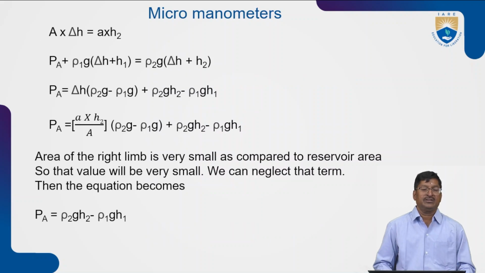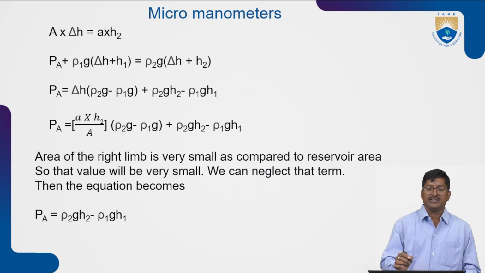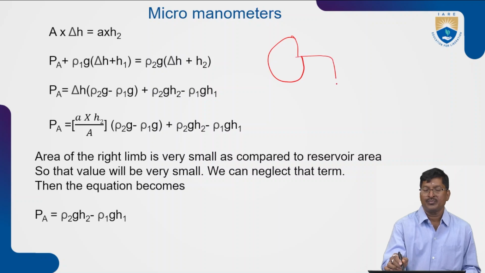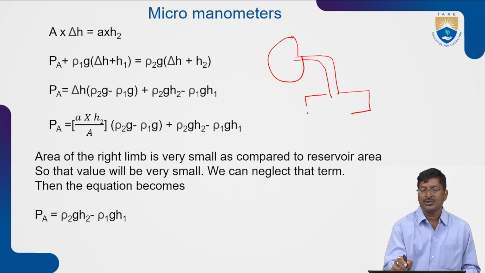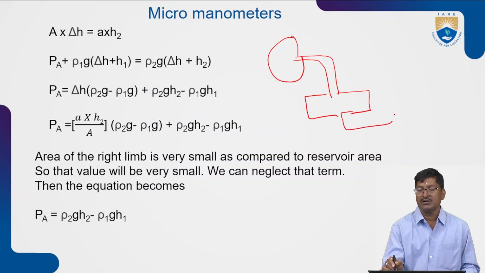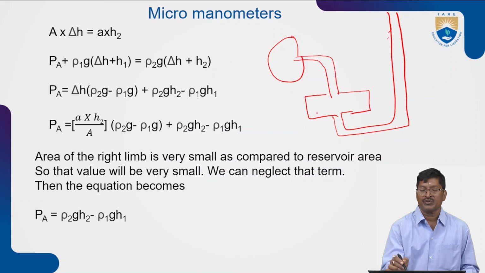Okay. So then, if you see the formula for this, it is a system connected to a reservoir, and the reservoir is connected to the right limb. So it is a datum.